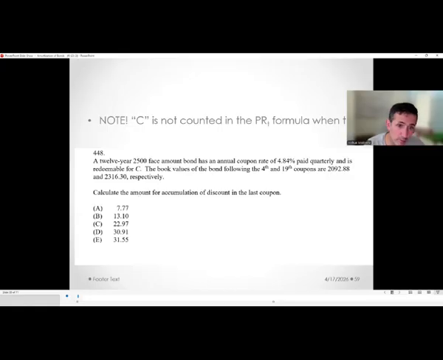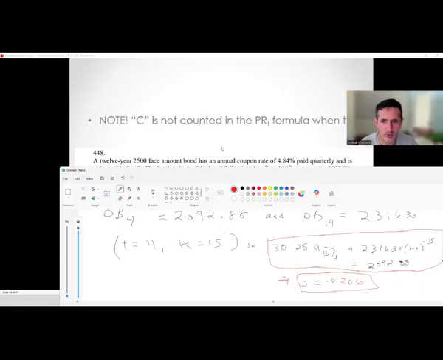Oh, not quite yet. So I do need to now use the formula, either one, for OB4 or OB19. I did OB4. Why not? I mean, no good reason to use that versus OB19.